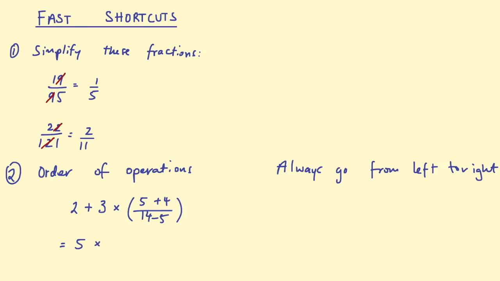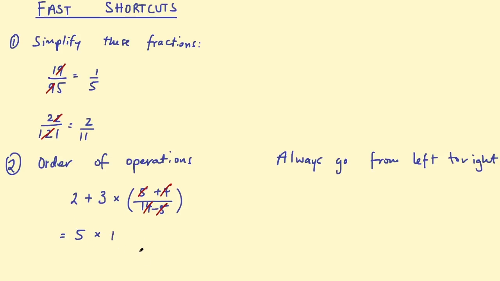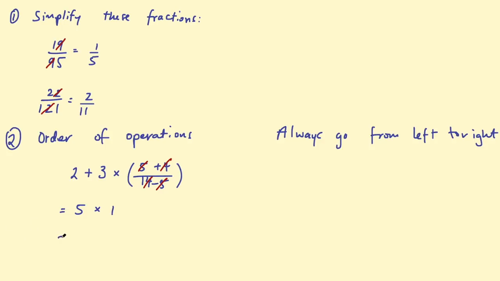That's tricky, but we can actually use what we did in the previous part here and cancel all of the common numbers. So here we have a 5 and a 5 on the bottom line, and a 4 and a 4 on the bottom line. What's the only number we have left in the brackets there? It's a 1. So we're going to do 5 multiplied by 1, and still going from left to right, 5 times 1 is 5. So final answer there, 5 for that one.